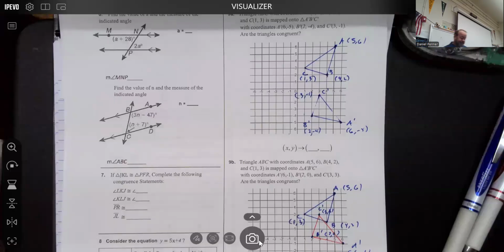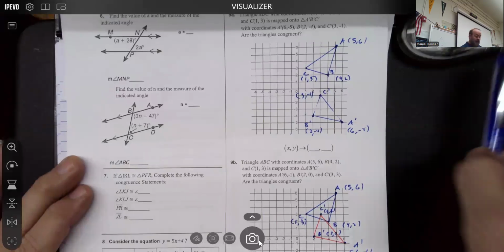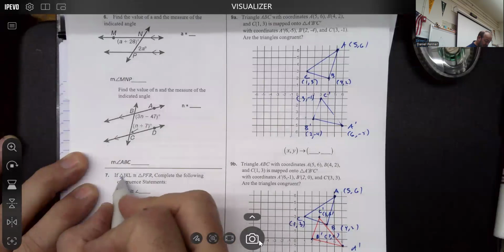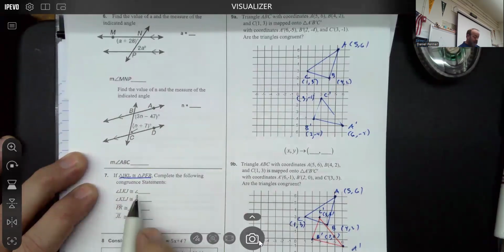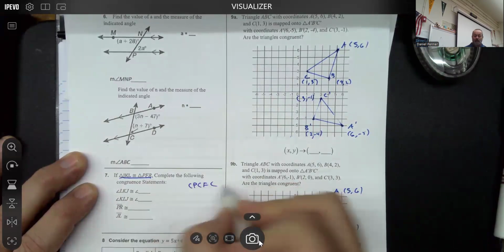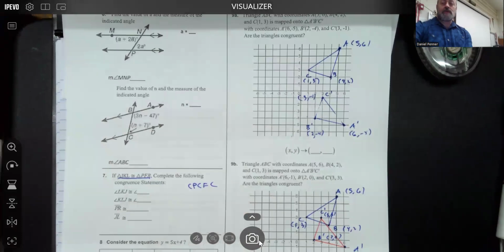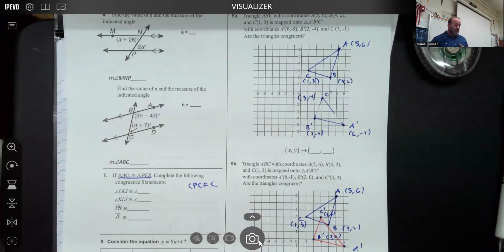All right, so on problem number 7, what I noticed here is they're telling me in advance that these two triangles are congruent. So remember, we can talk about CPCTC, which means the corresponding parts of those triangles are in fact congruent. So we have to really watch the order of the letters here.